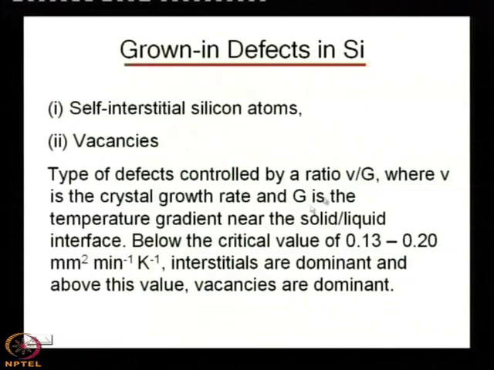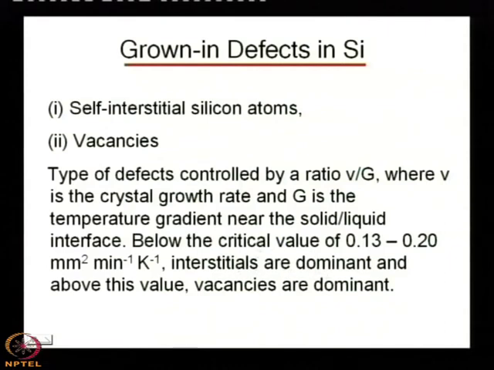If this V/G ratio lies between 0.13 to 0.2, then the interstitial defects will be formed.